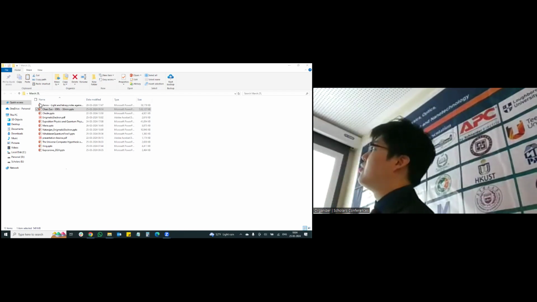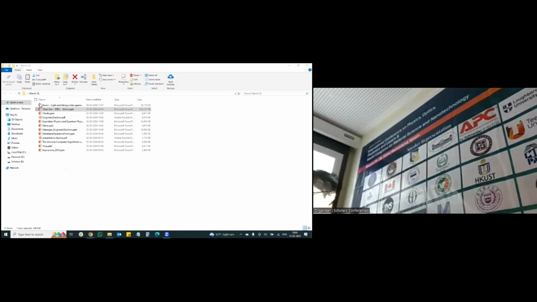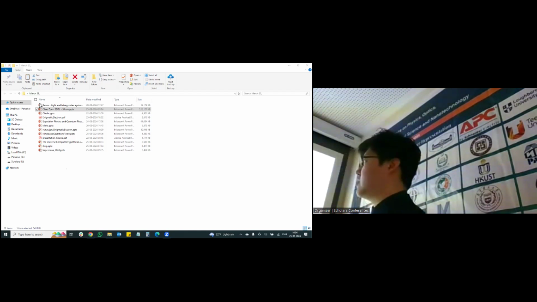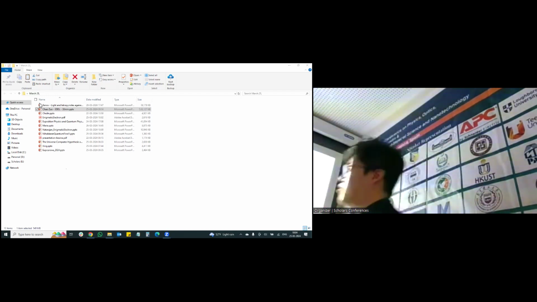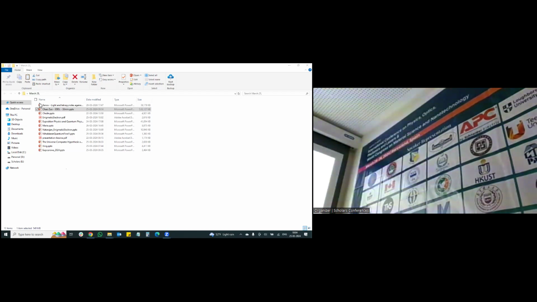So we applied deep learning to analyze fringe patterns in 2019. This is our first work applying deep learning to fringe projection profilometry. I think the most critical issue in fringe projection is how to recover the phase from a single fringe pattern.